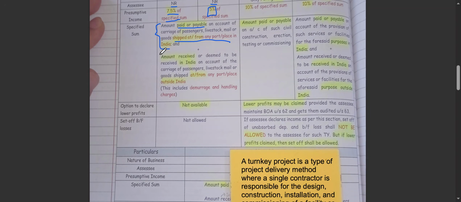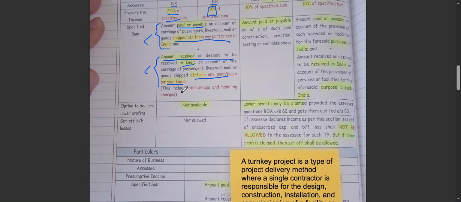And then the next one, which is amount received or deemed to be received in India. Now this received in India from a port or place outside India means the activity has been carried out outside India, but the payment is being received in India. This is the case of received. So here is accrual and here is received basis calculation of income.